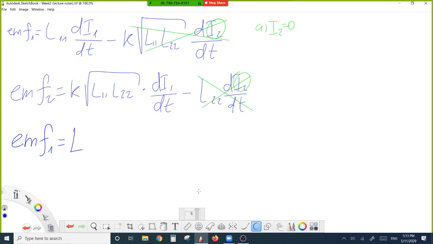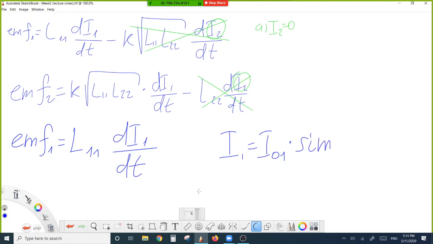What is I1? I1 is given as the amplitude I01 multiplied by a sinusoid. It was said that the current is in the form of a sinusoid, which means sine omega t. I0 is given as 1 ampere.